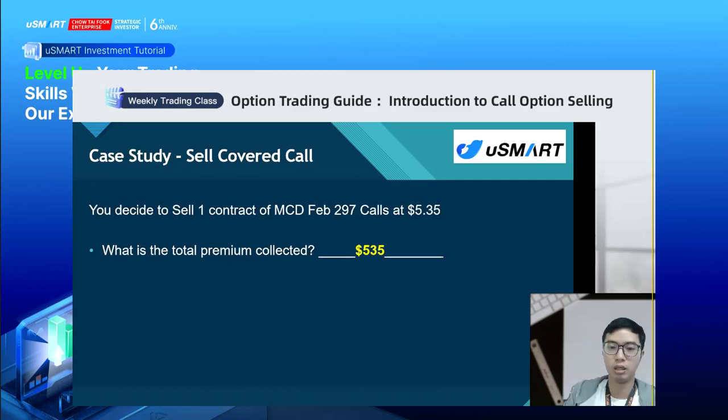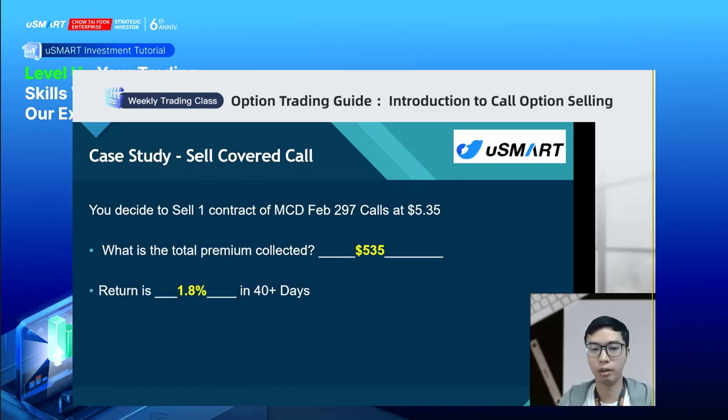What is the premium collected? As I said, the premium collected will be the maximum premium. So the premium will be 5.35 times 100, which is $535. The expiry date will be more than 1 month away. Usually I will trade options with more than 1 or 2 months to expiry; it depends on the strategy. In this case, I will count it as 40 days to expiry.